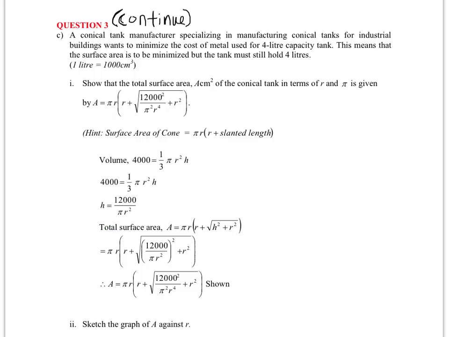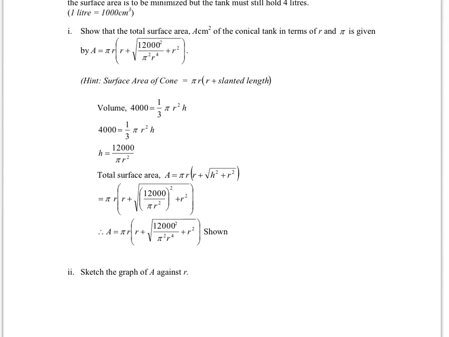But another thing is that the total surface area is given here, so you can use this idea. The slanted length is really in the triangle that we're talking about, the cross section of the volume of water.